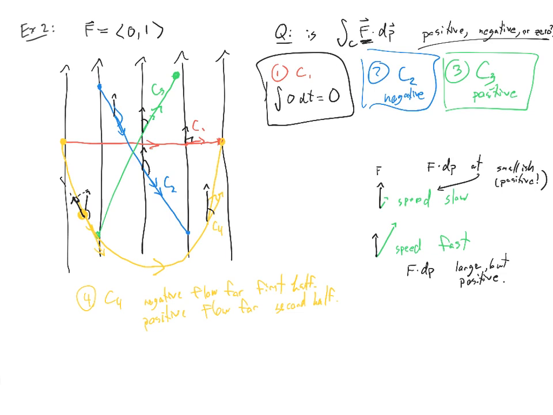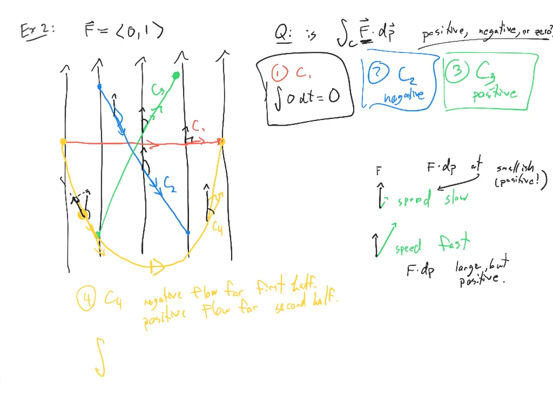And so in this case, what you'd actually expect is that if you divide this parabola in half, on the first half, it should be giving you a bunch of negative flow. And on the second half, it should be giving you positive flow. And those two things should cancel out.